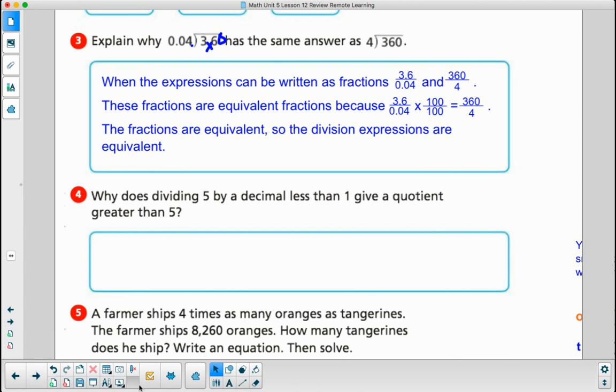To me, in explaining this one, I would use a diagram first. If I have 5, and that's not what I want to keep doing, so let's copy 2, 3, 4, 5.